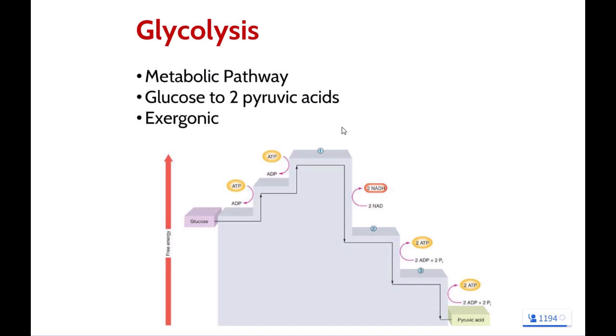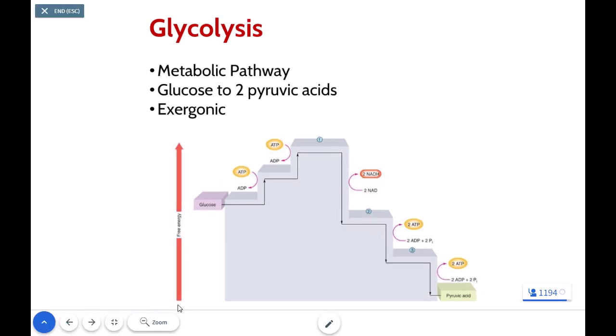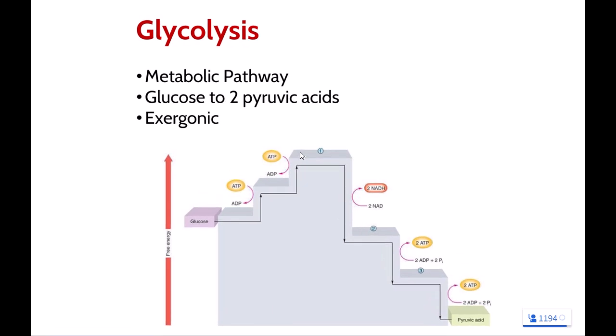So in this diagram, energy is increasing as we go up. And we start out with the glucose, and we increase the amount of energy by adding ATP to the glucose. And this process of adding the ATP to the glucose molecule chemically is going to change it.